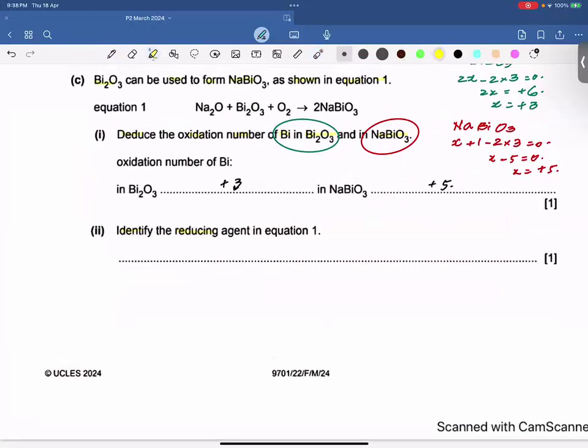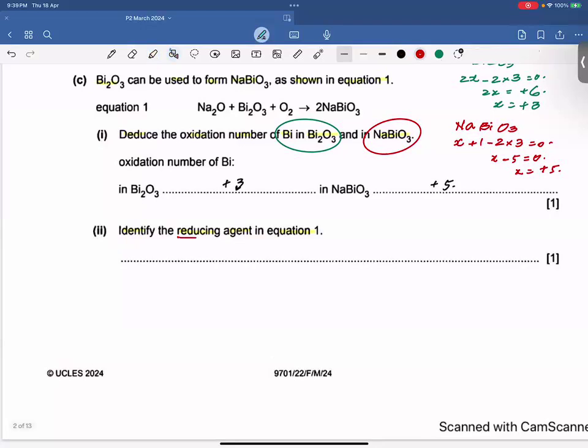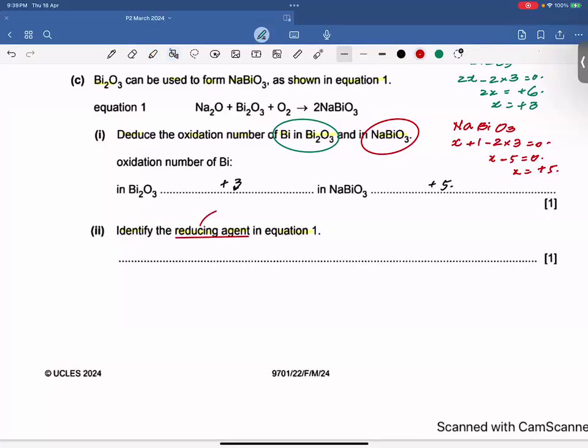So the next is to identify the reducing agent in reaction 1. Reducing agent: substances which cause another substance to be reduced are called reducing agents, and they oxidize themselves, right? That's the conceptual definition of a reducing agent.